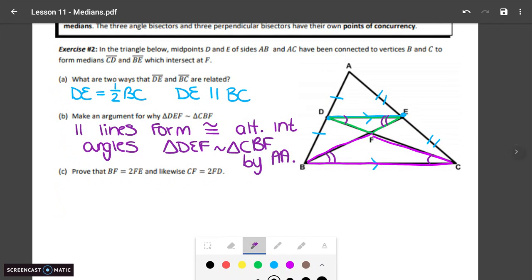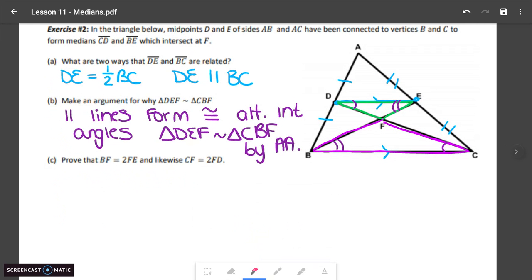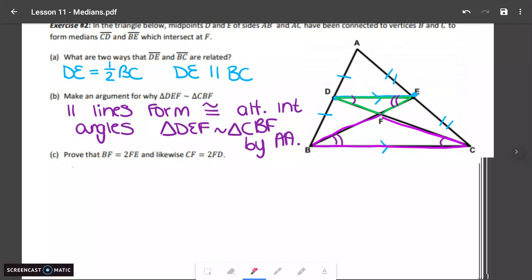So now last piece, when we're trying to make this proof for this last part to all come together here, we're trying to prove that BF is equal to twice the size of FE, and CF is equal to 2 times the size of FD. Well, what we have to know here is that similar triangles all have proportional sides.